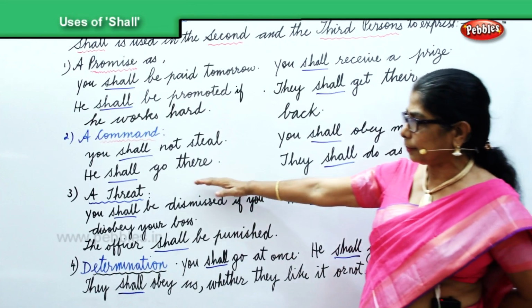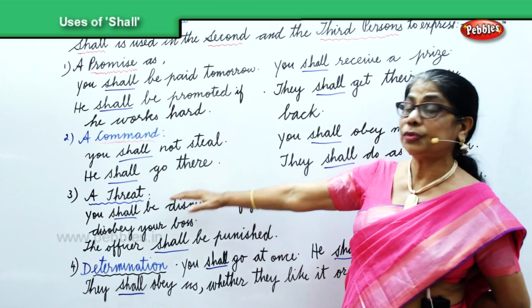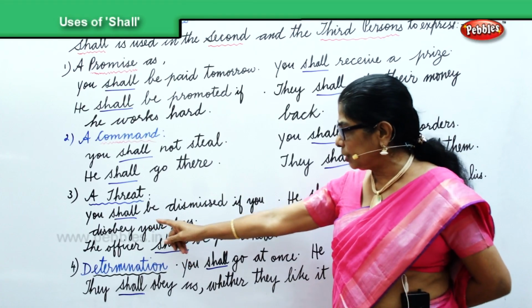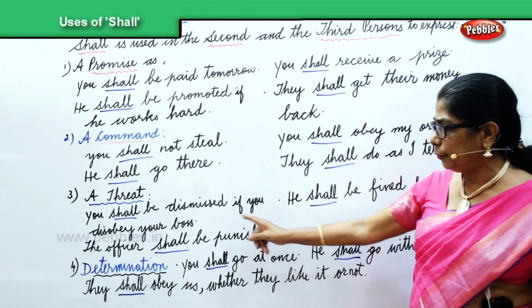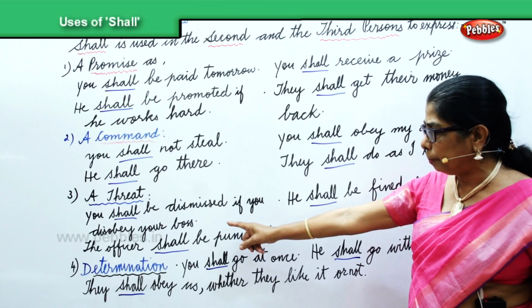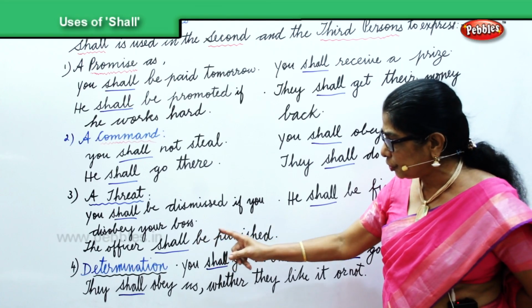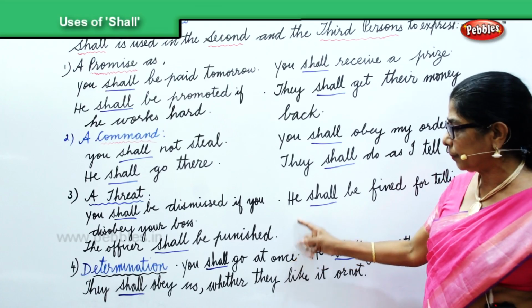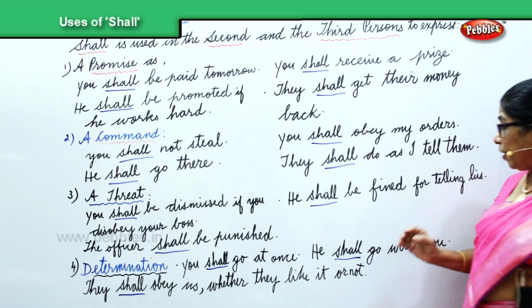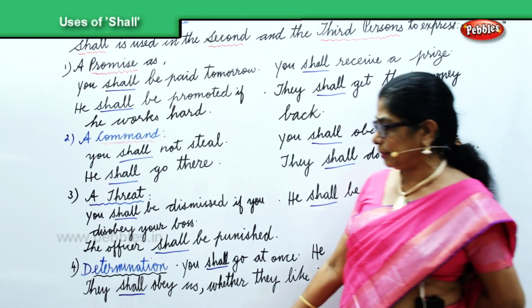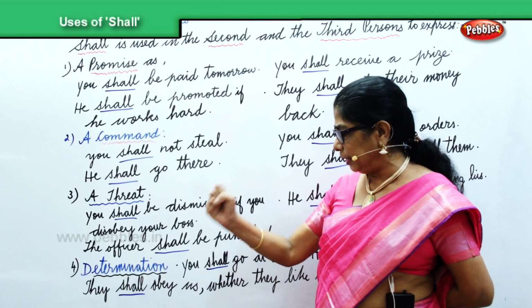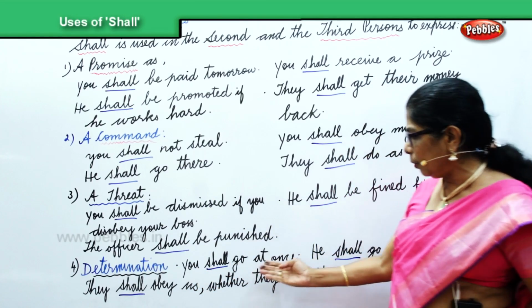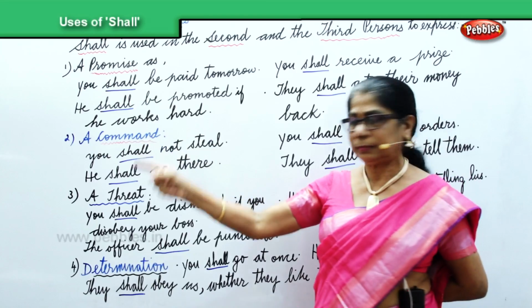A threat. Shall is used in a threat as, you shall be dismissed if you disobey your boss. The officer shall be punished. He shall be fined for telling lies. Finally, determination. You shall go at once.